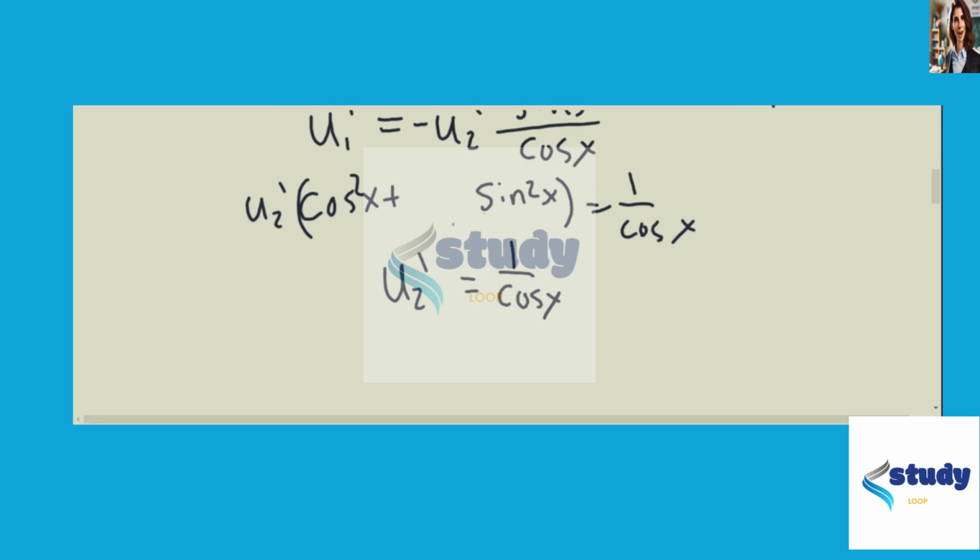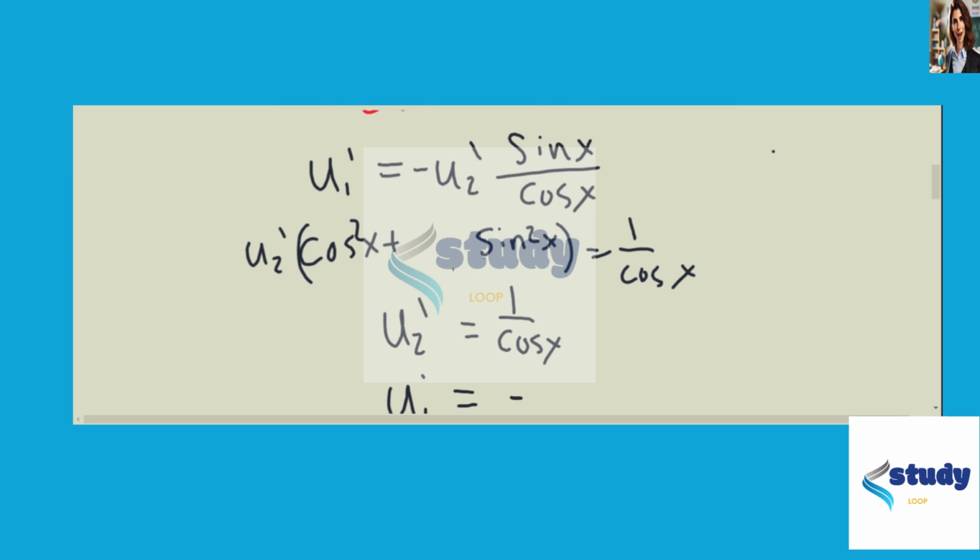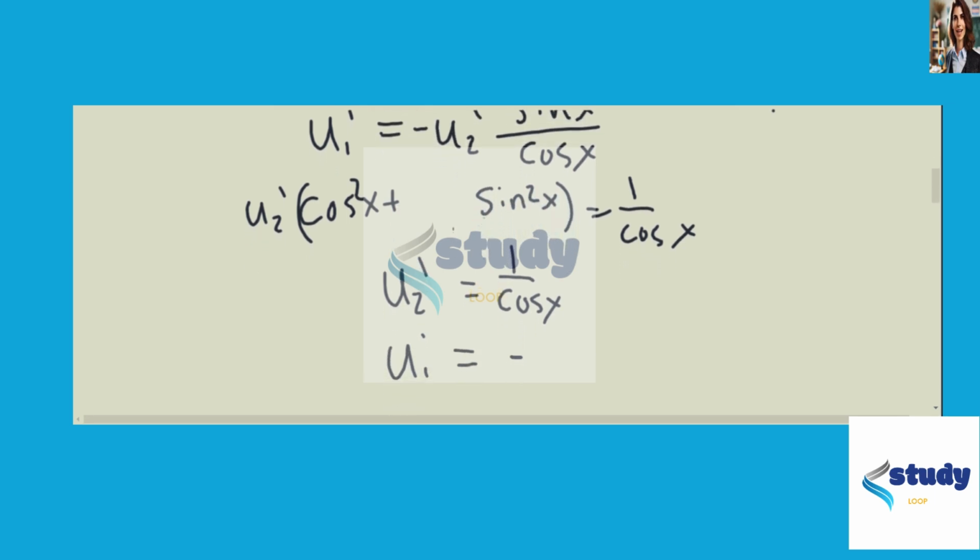We can plug that into what we had for u1 prime, to get that it is going to be equal to negative sine x over cosine of x times 1 over cosine of x. We'll have negative sine of x over cosine squared of x.